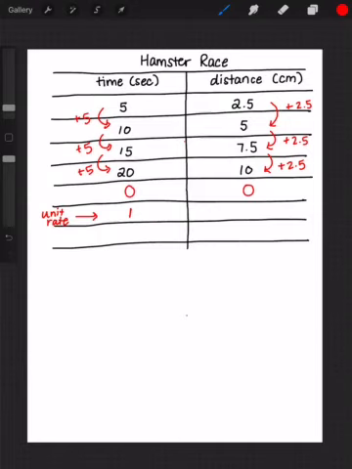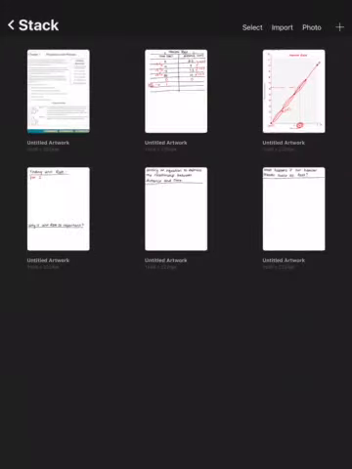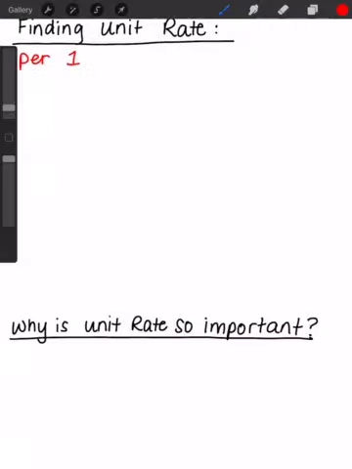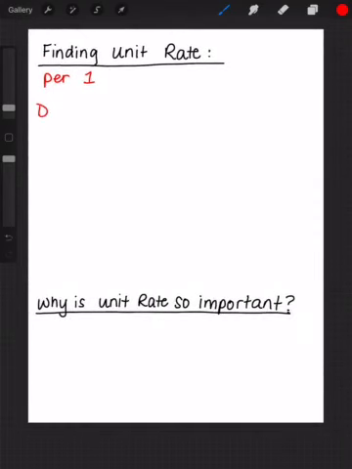where our x is 1, because this is x, this is y. Okay. So where our x is 1, what is our y value? So what is our distance per second? And I'm going to write that on here. Distance per second.